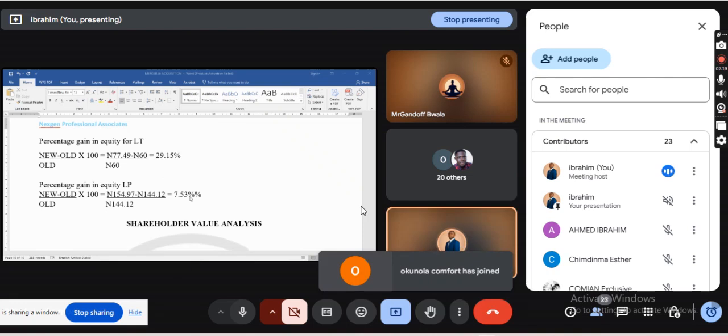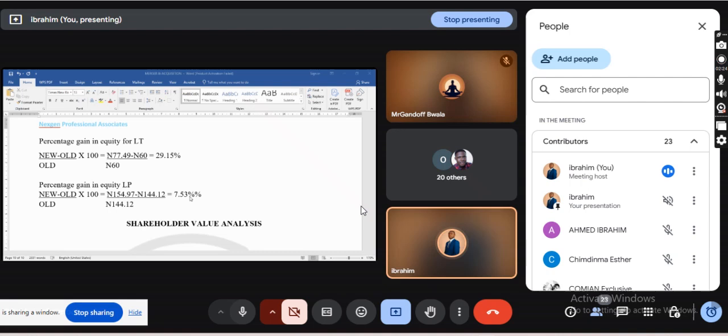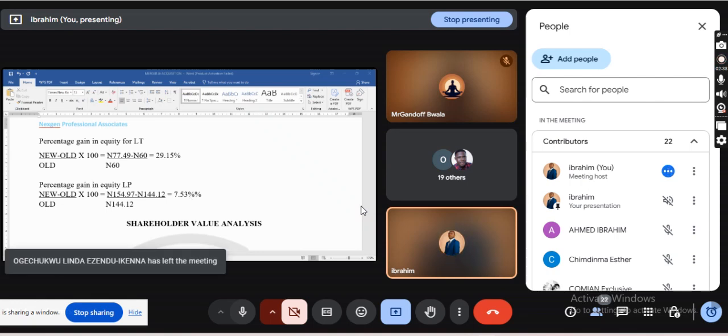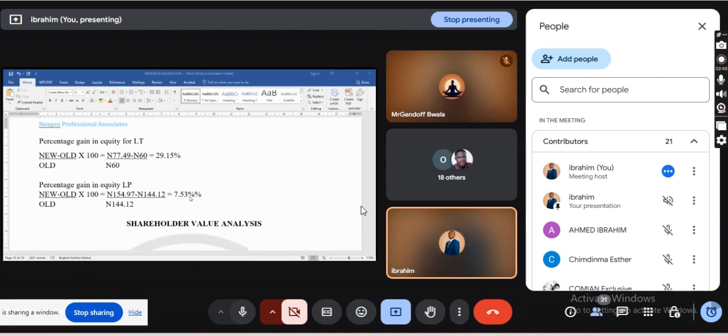Now, in a nutshell, shareholder value analysis is the process of analyzing the activities of a business to identify how they would result in increasing shareholders' wealth. How do we do that? You have to do a shareholder analysis. How do we increase shareholders' wealth?